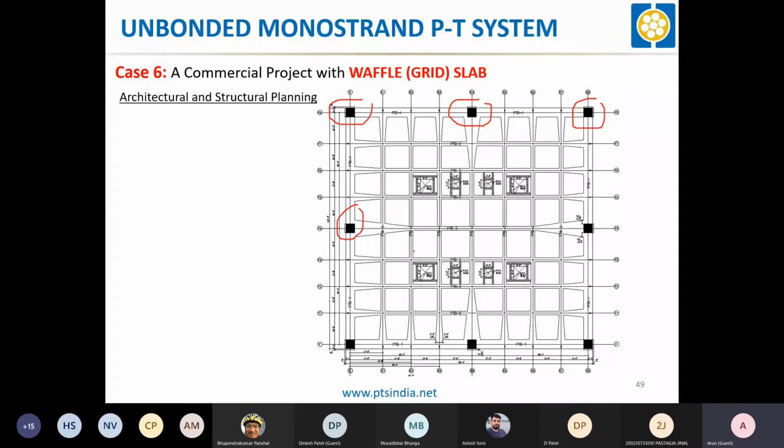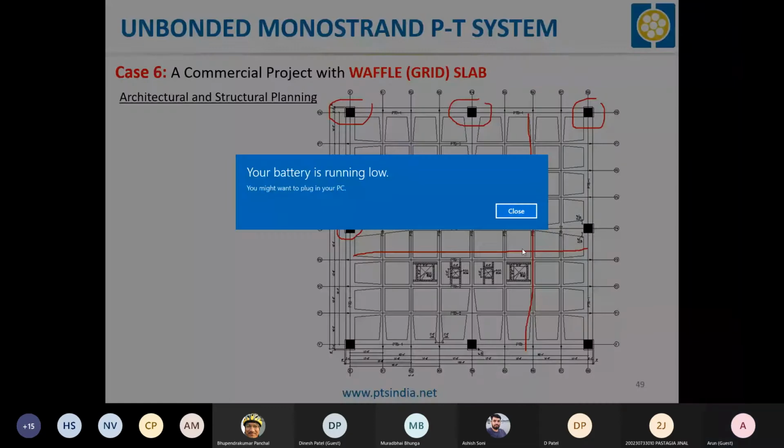Here, the client wanted no column inside. There is no column inside, only a perimeter and only 8 columns. The span from this column to that column is around 120 feet, and from this column to this column, it is around 124 feet.